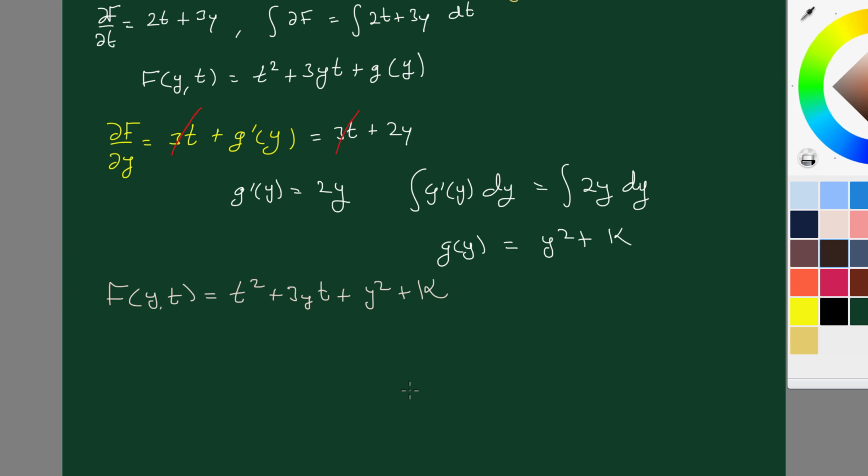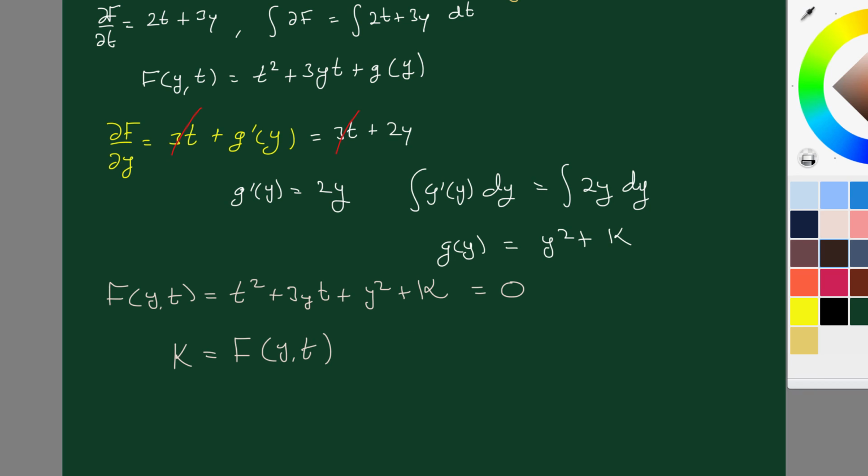Usually you'll see the solution written as the constant equal to some function of y comma t. So we can say that f of y comma t is equal to this, which is equal to 0, and if we move the k to the other side, it would be a minus k.